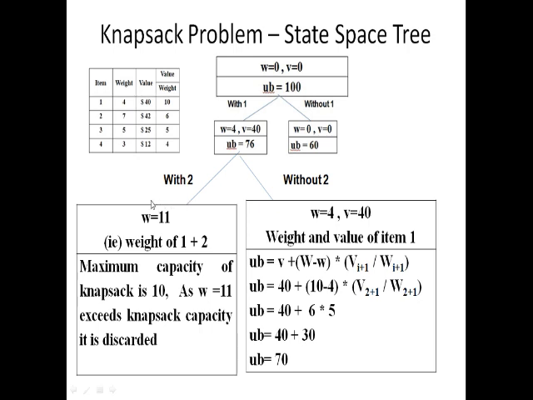As the weight exceeds the maximum capacity of the knapsack, we are not going to consider this step. This is discarded. Without adding 2, you will have the first value and first weight only, w equal to 4 and V equal to 40. But the i value changes.